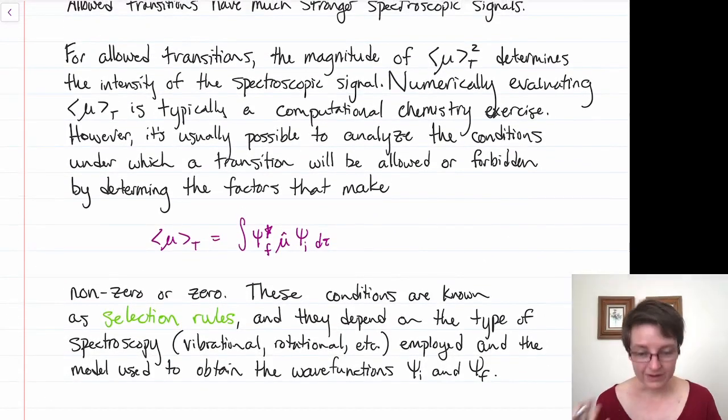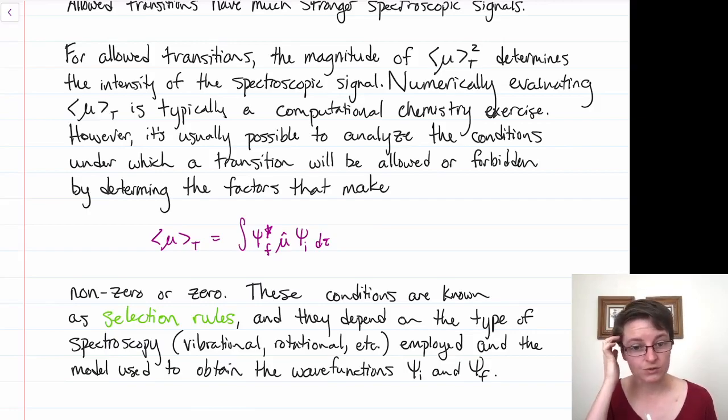And so what factors or conditions lead to this integral being zero or non-zero are collectively referred to as selection rules. And as you might imagine, the selection rules depend both on the type of spectroscopy that we're performing and, in some cases, on the model that's used to try and get a sense of what the wave functions for the initial and final states would look like.